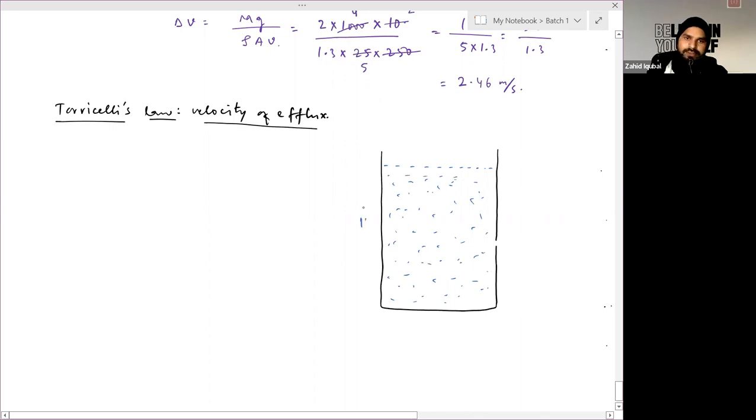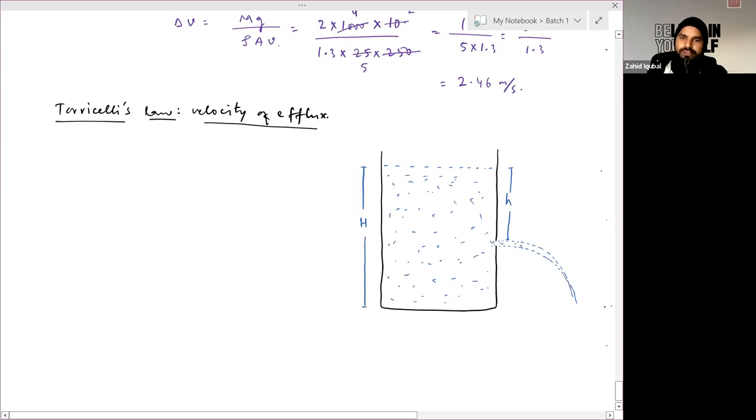Let's say the height of liquid in this tank is H, and a hole is cut at depth h below its top surface, which creates some pressure due to which liquid will eject out through this hole with some velocity.